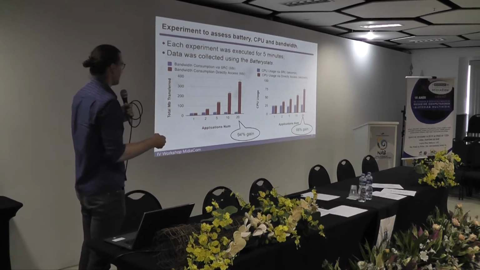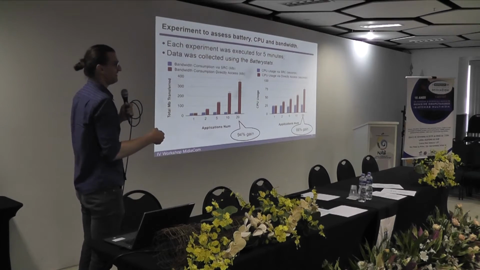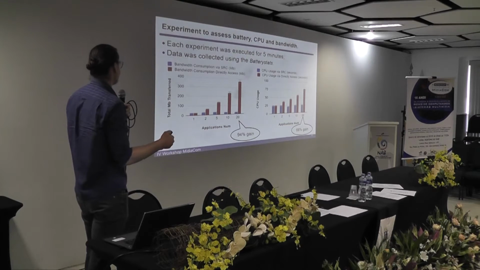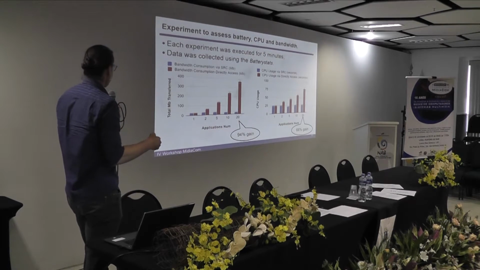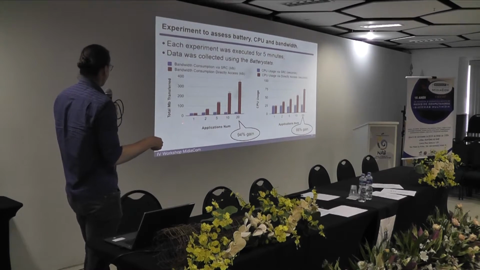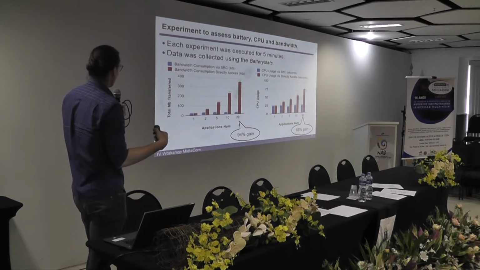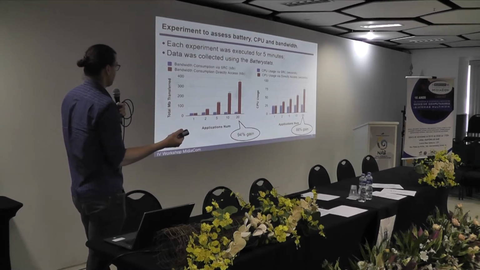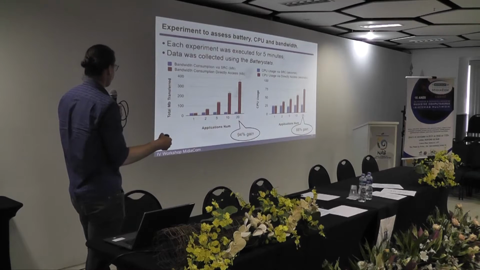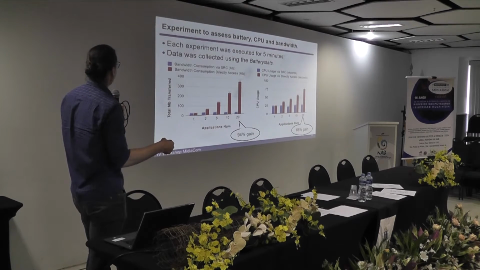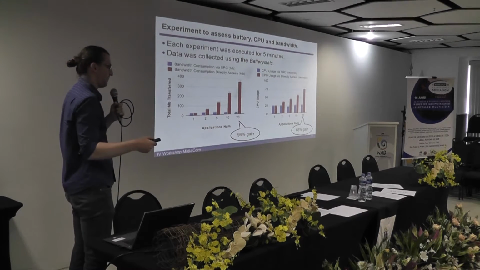Our approach is the blue one, and the red one is the naive approach. You can see that when the number of applications grows and we consume data directly from the device, the amount of resources increases a lot. And when we use our approach, the amount of resources stays more or less stable.